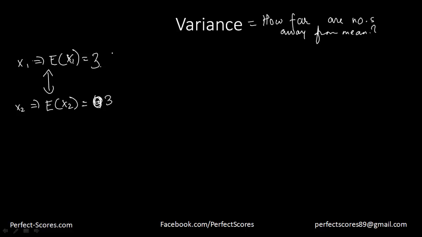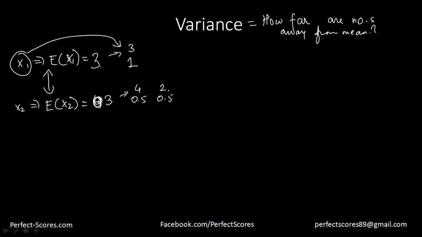Because there is a possibility that the value of 3 can only occur with a probability of 1, or the variable can be 4 with a probability of 0.5 and 2 with a probability of 0.5. So there can be so many different probability distributions that can happen. An expected value by no way can tell you what that probability distribution is going to be like.